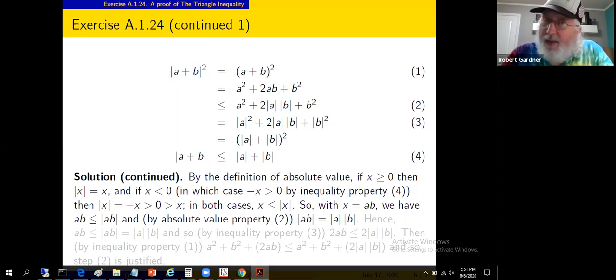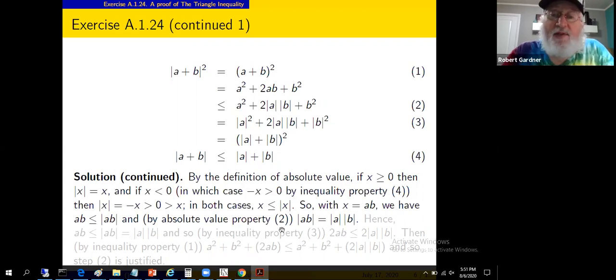So that wouldn't have been a bad property of absolute values to mention back in their list, but they didn't. So we'll take x to be a times b. Then we have a times b is less than or equal to the absolute value of a times b. Just replace x with the ab stuff. Hey, the absolute value of ab, that's a product. And the absolute value of the product is a product of the absolute values.